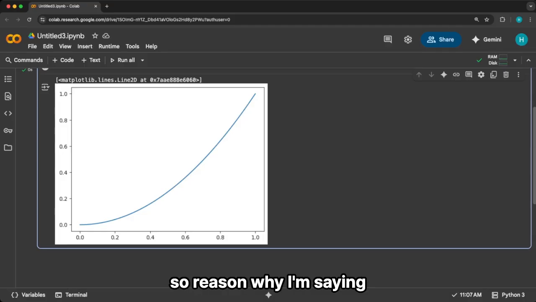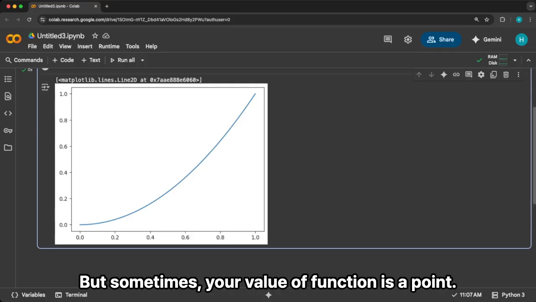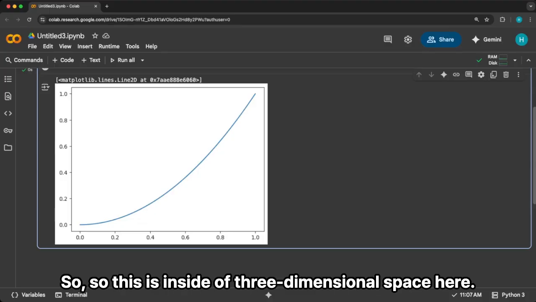The reason I'm saying this is that sometimes the value of the function is just a value, which means it's just a real number. But sometimes the value of the function is a point, which could be a two-dimensional or a three-dimensional point, right? So this is inside three-dimensional space here.